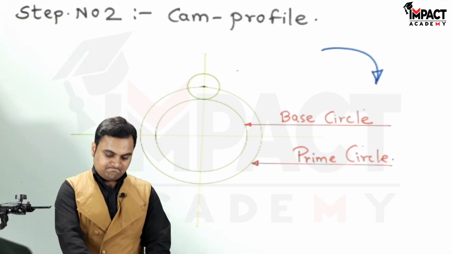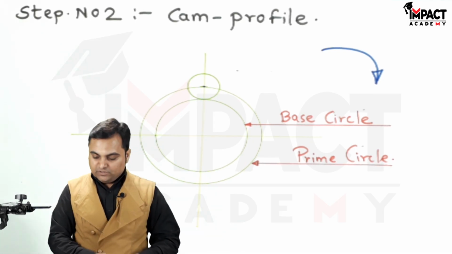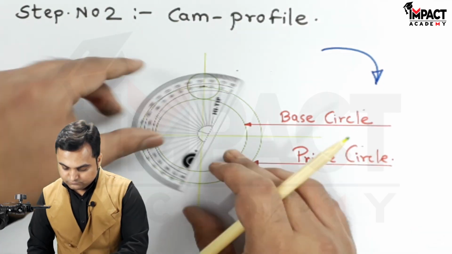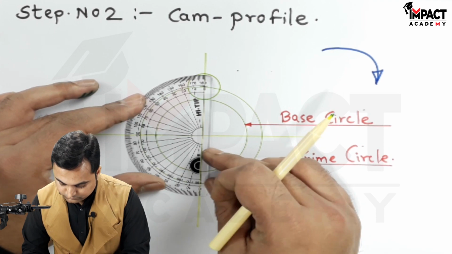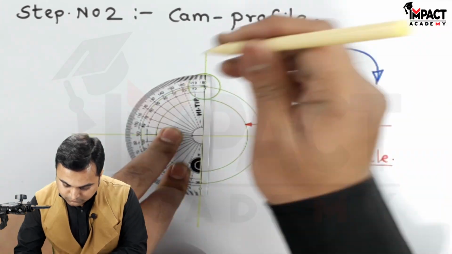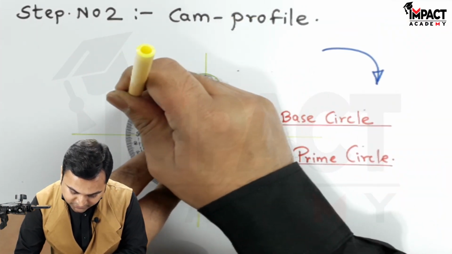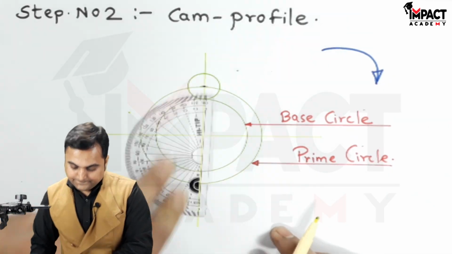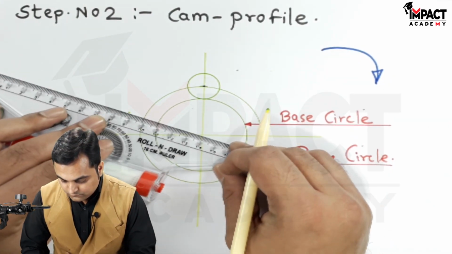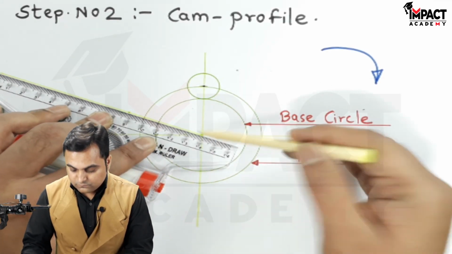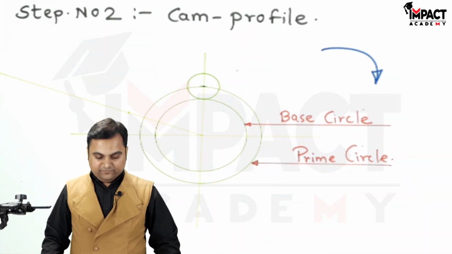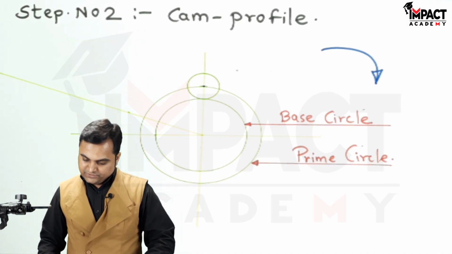So starting with the 70-degree outstroke from this center, I am taking the angle as 70 degrees. Drawing a light line from here.